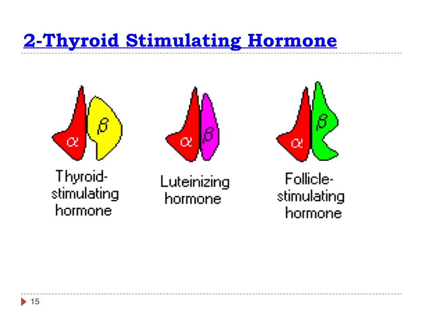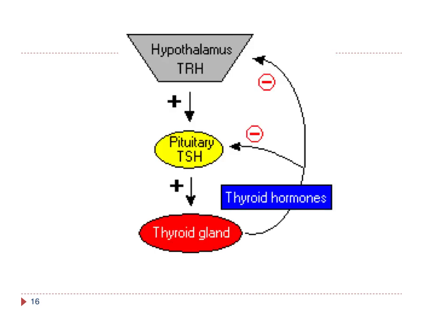An important controller of thyroid stimulating hormone is thyrotropin releasing hormone from the hypothalamus, and TSH is inhibited by high blood levels of thyroid hormones, which is called classical negative feedback inhibition.